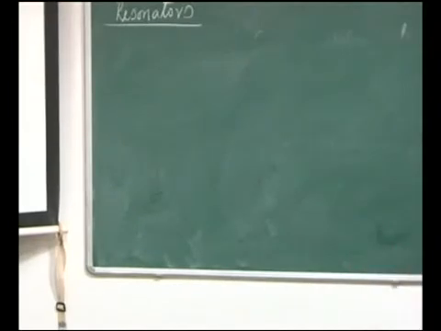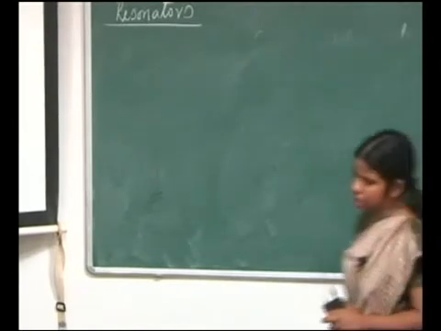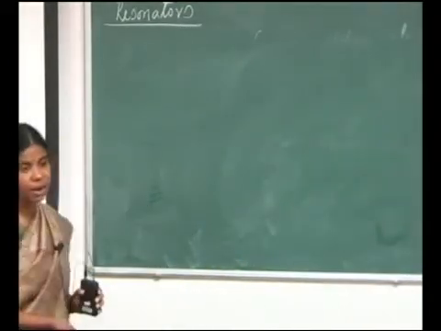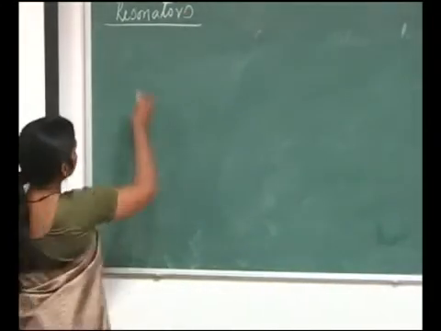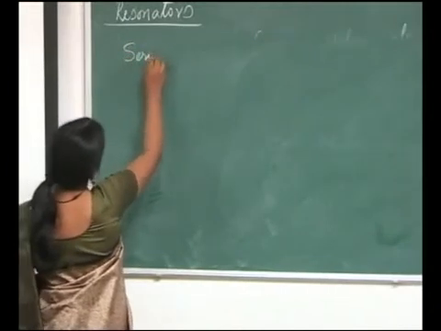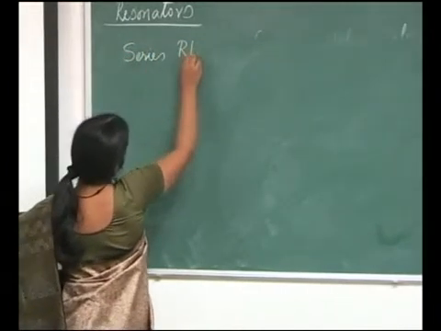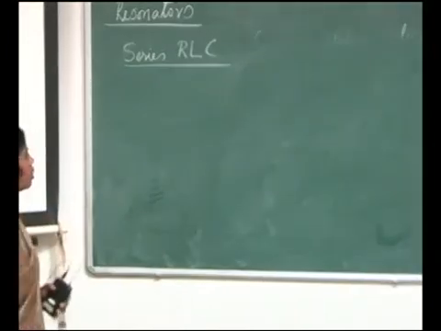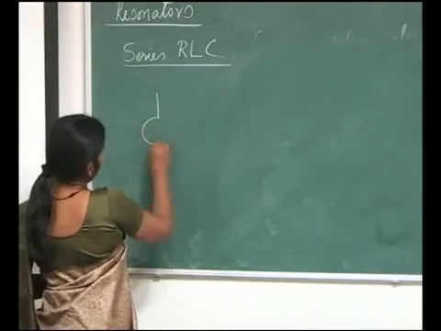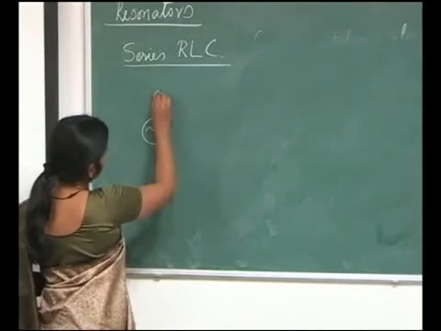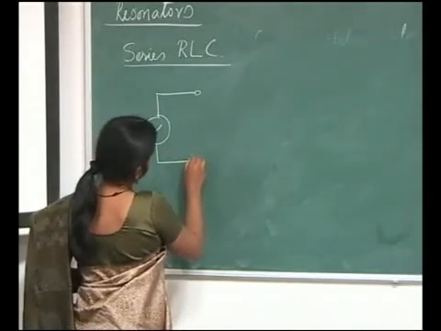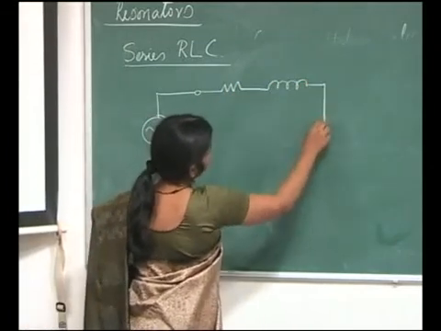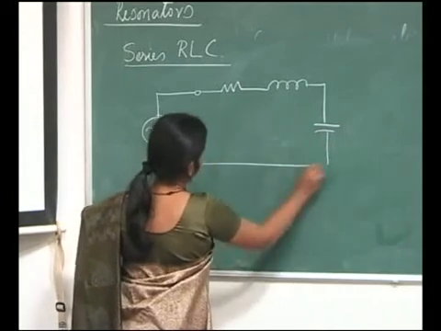So a resonator could be either series or parallel. You can have a series RLC circuit or a parallel RLC circuit. We will start with the series RLC circuit, and I will leave the parallel RLC circuit for you to do on your own. So let us suppose that I have a voltage source connected to a circuit which looks like this.